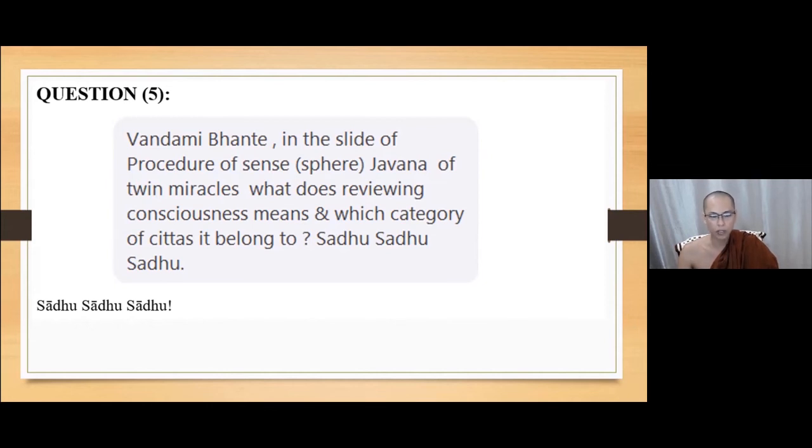By the power of that strong determination, the reviewing becomes shortened. The time of reviewing is shortened. So that reviewing is reviewed on the absorption and the performance. That is called the pachavekkhana jhana, pachavekkhana vithi.